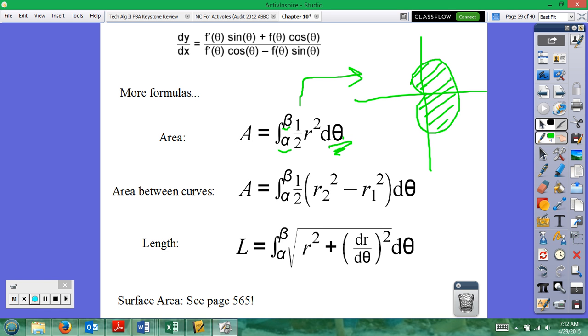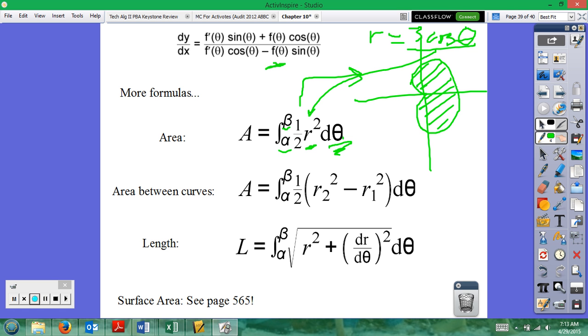Now you might ask, what is this r doing in here then? Well, that's because r equals f of theta. So you might have, for example, r equals 3 cosine theta, and that r gets replaced with the formula 3 cosine theta. Same thing for the derivative up here.